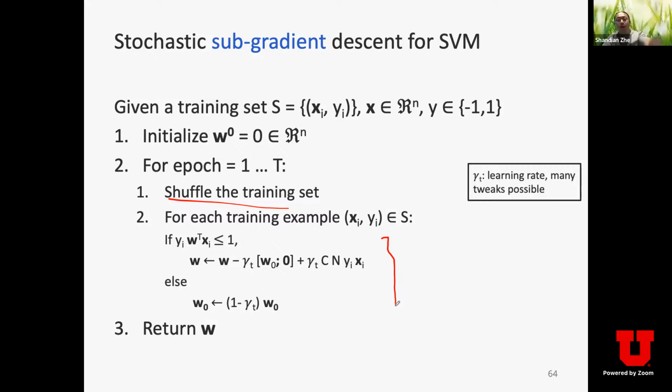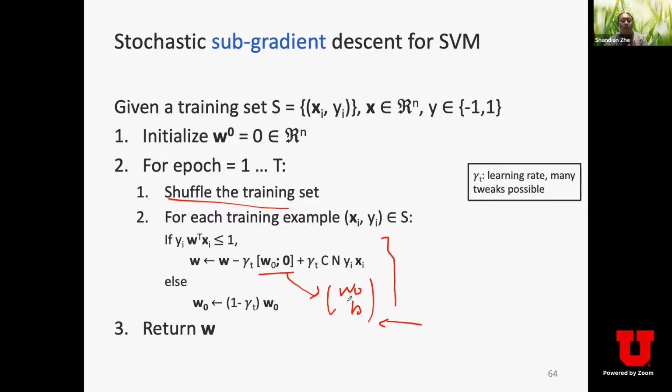Okay, any question regarding this stochastic subgradient framework? This is actually the weight vector and bias parameter. Remember, we used the notation of folding: we don't want to explicitly write out the bias parameter, so we fold the bias parameter into the weight vector.